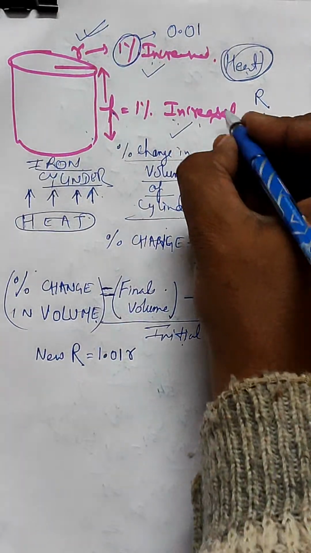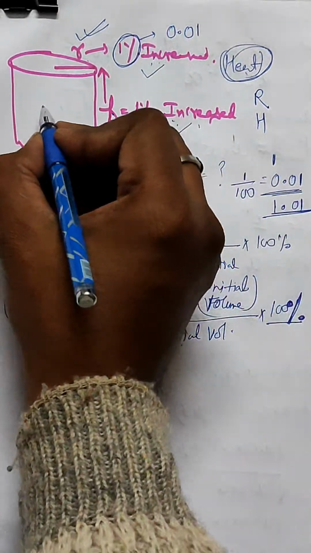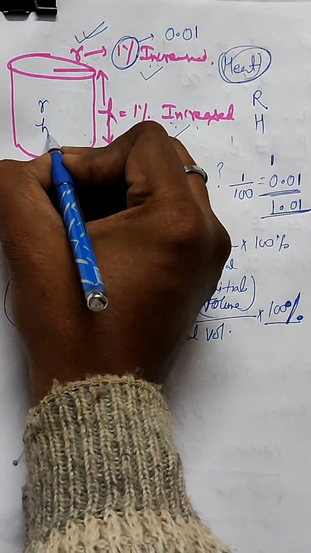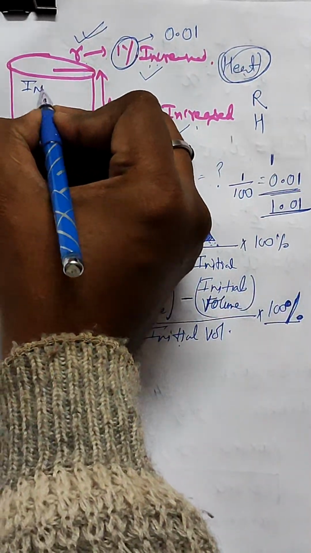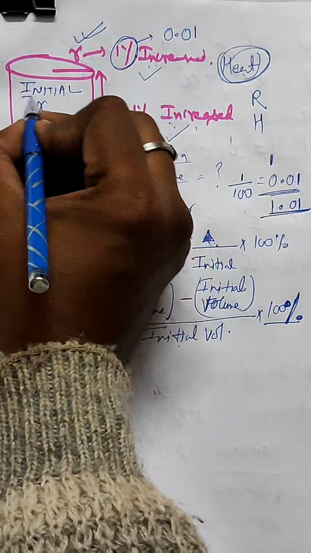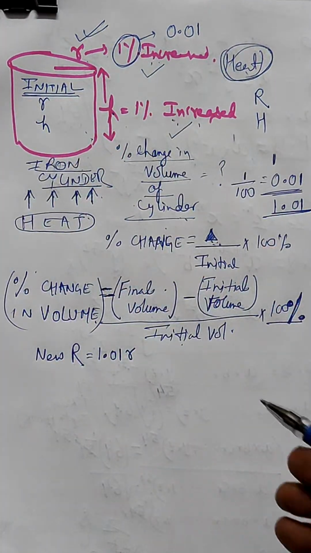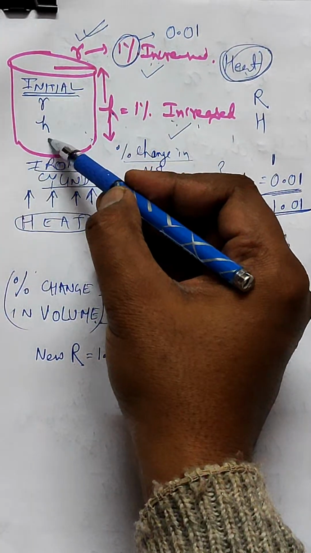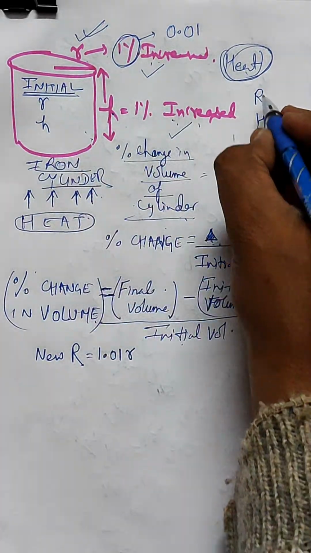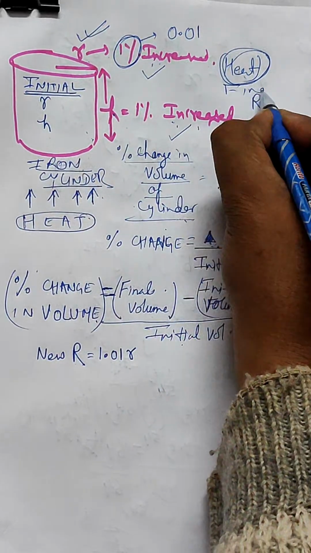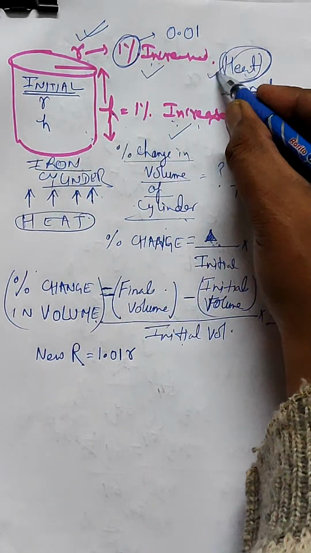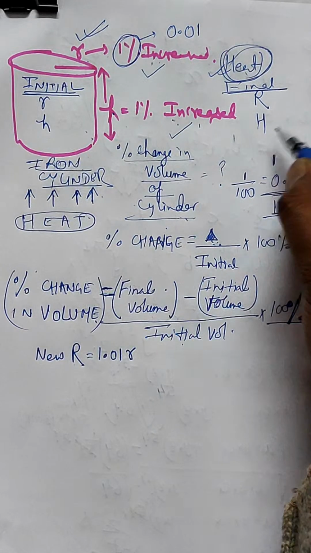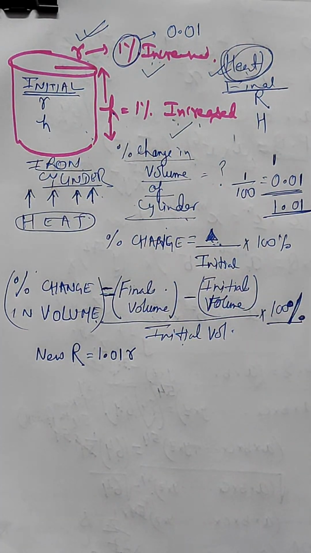And initially it has a small r and a small h. This is the initial dimension of the cylinder, r and h, and this is the final dimension after heating, capital R and capital H, right?